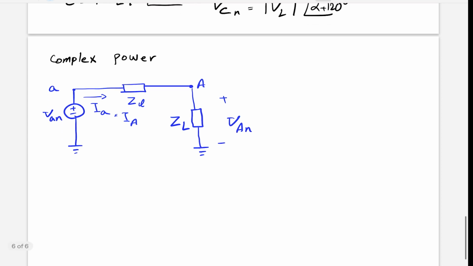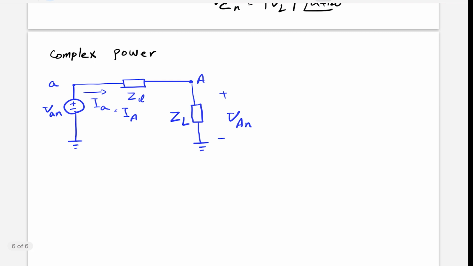what is complex power? Well, for the complex power formula, we had IRMS to the power 2 times the impedance, right? This is one of the formulas that will give us a complex power.